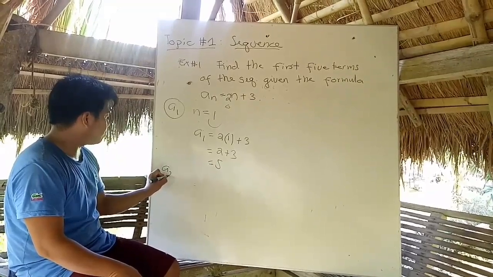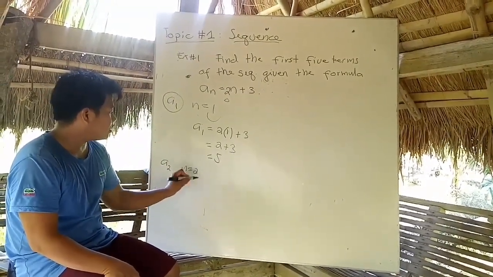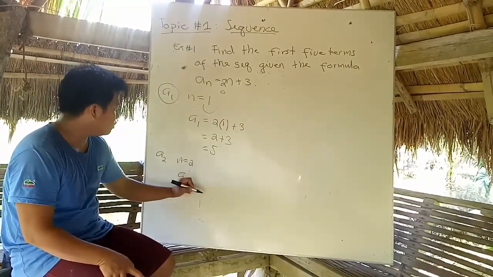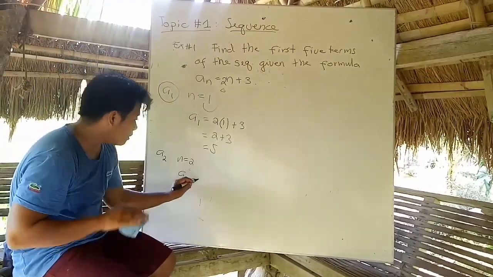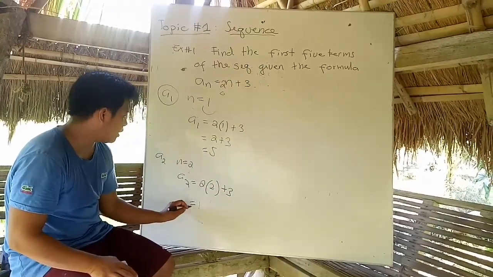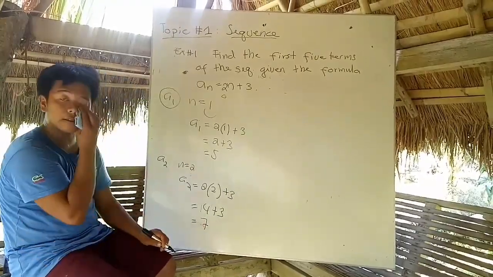And for a sub 2, or the second term, n equals 2. Same process, a sub 2 equals 2 times 2 plus 3. So we have 4 plus 3 equals 7.